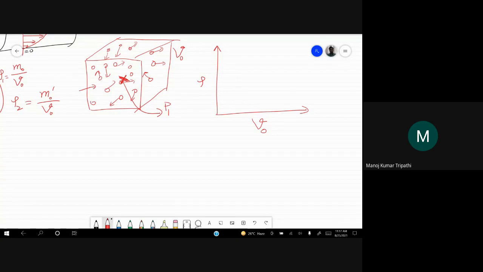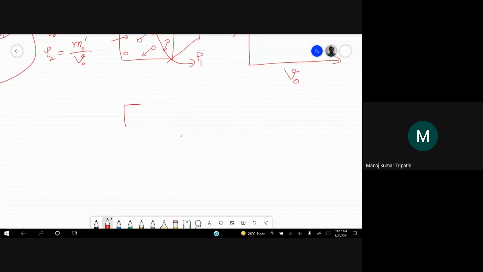If you choose a very small volume, it is so small that only one molecule, or the molecule is bigger than this, let's say. This is the molecule. Sometimes this molecule will completely overlap with this small volume V0.